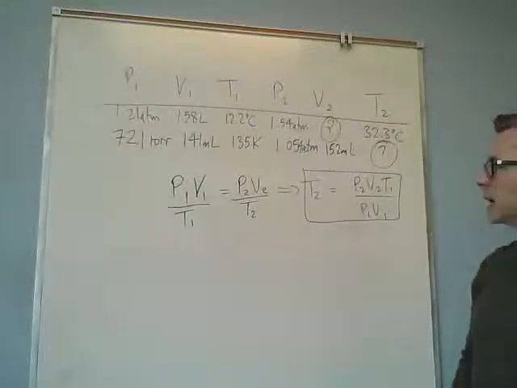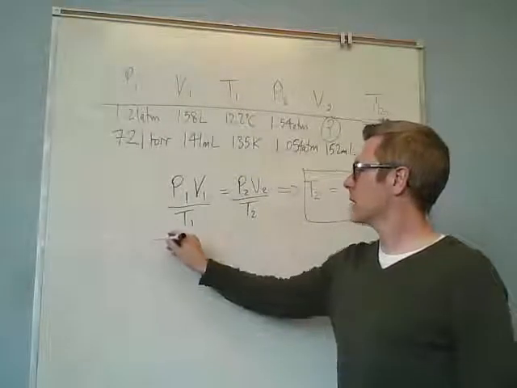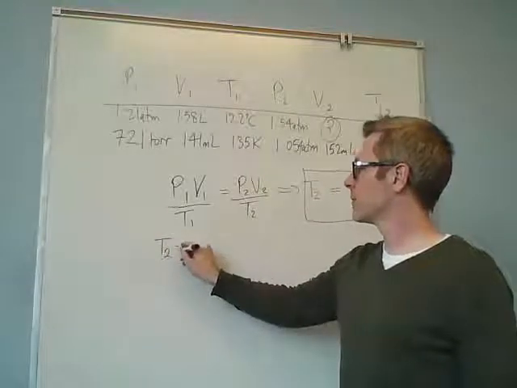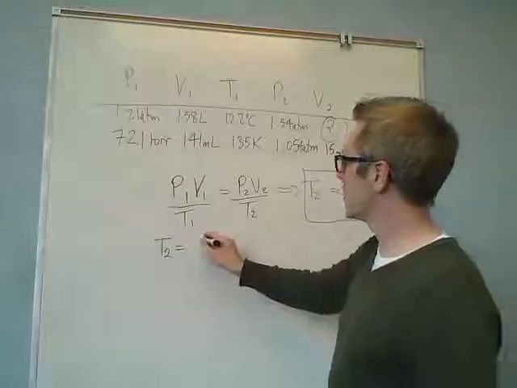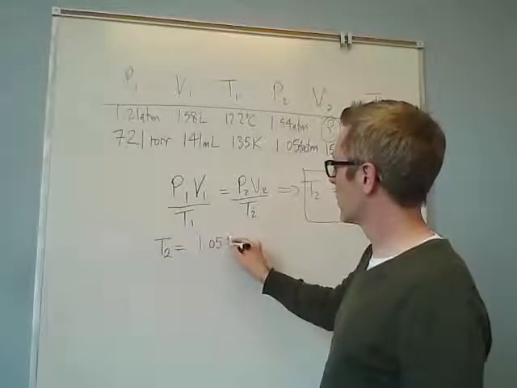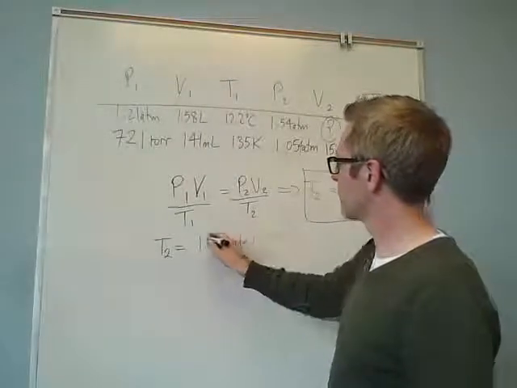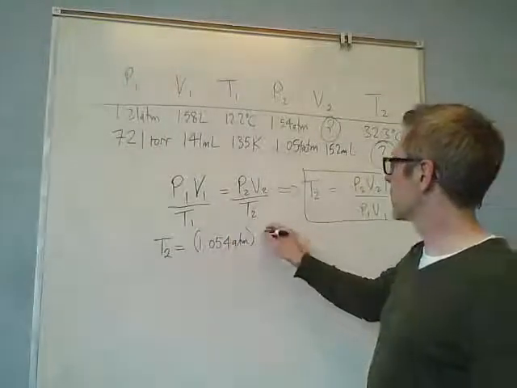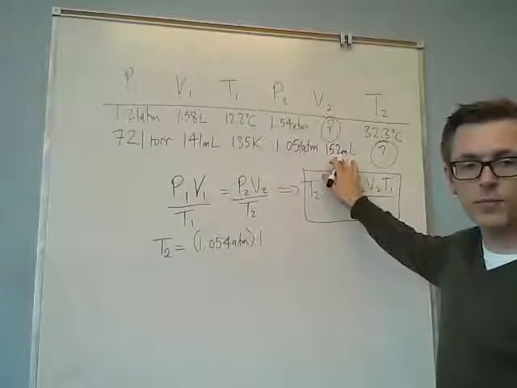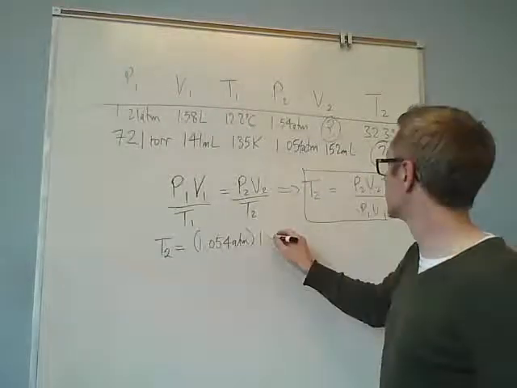Remember, this must be in Kelvin. Okay, so T2 is P2, which is 1.054 atmosphere, V2, which is 152 mil. There's no need to put this in liter, not yet anyway.